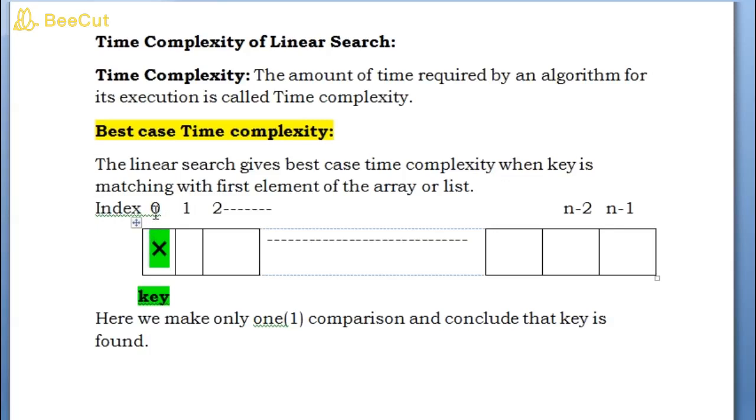If the array has n values, the first value index is 0, the last value index is n minus 1. Now if you look at the cross mark in green color, if both the key and the first element of the array are the same or equal, then we say that the key is found.